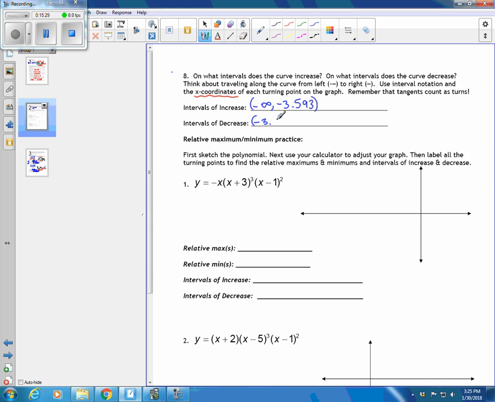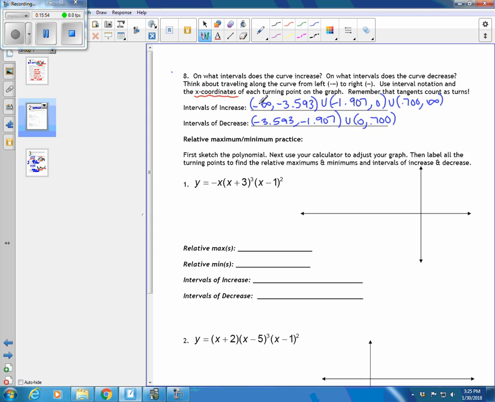Then back to increase, negative 1.907 to 0, back to decrease, 0 to 0.700, and then you end with an increase on this graph, and that should end at infinity. So notice how it alternated.